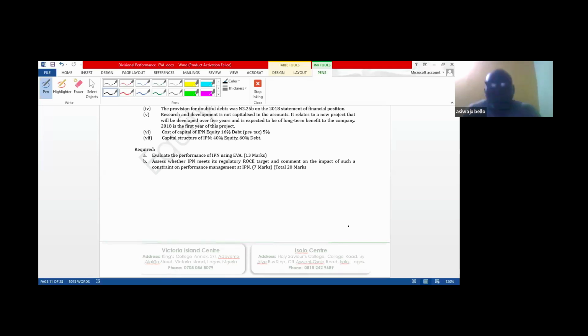Let me explain these requirements. The regulator has set a target return on capital employed that a company must not exceed. If you exceed these targets, the regulator will fine you. What is the target?